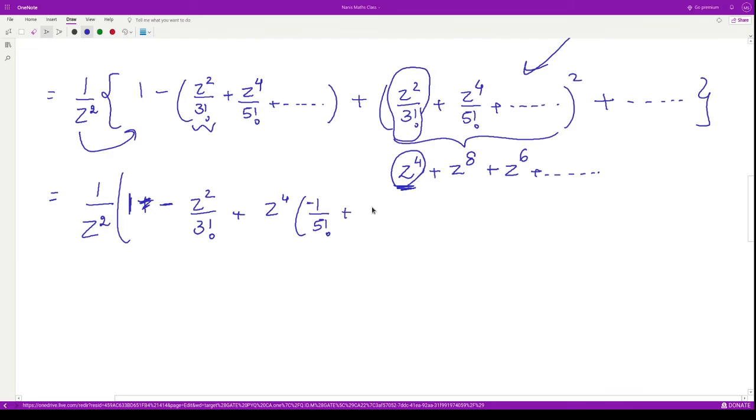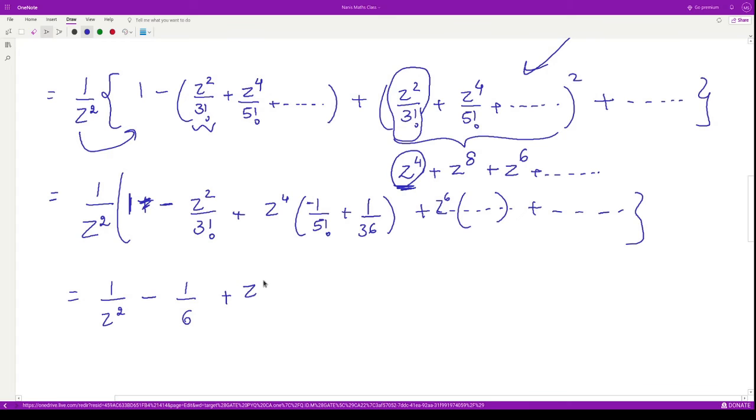So the square of this quantity would be, 3 factorial is 6, so that would be 36, right? And terms z to the power 6 and so on, right? So when you multiply this by 1 by z square, we would have 1 by z square, and then it would be 1 by 3 factorial, that would be 6, and then we would have z square and this whole term. So minus 5 factorial is 120 plus 1 by 36.